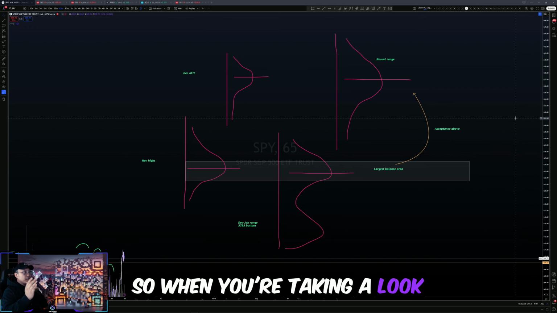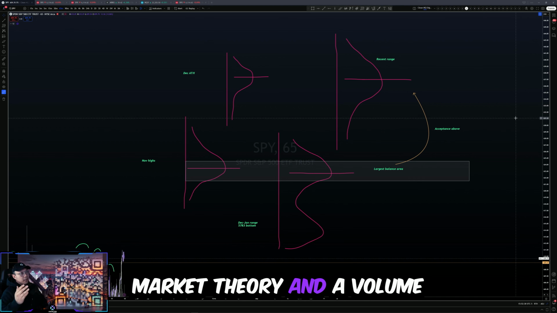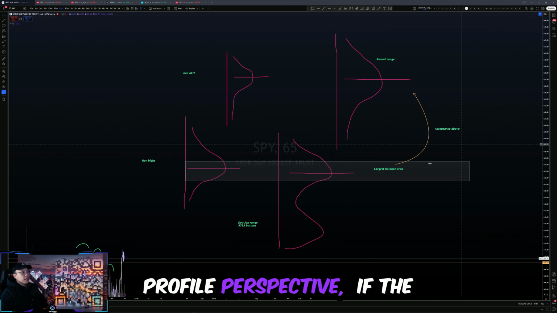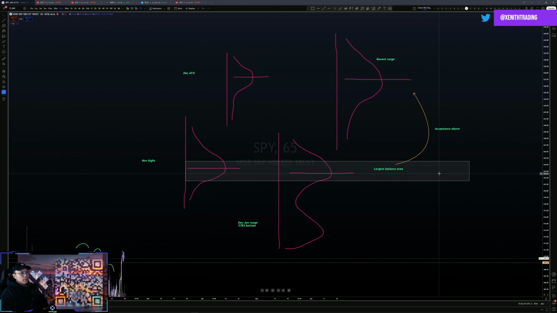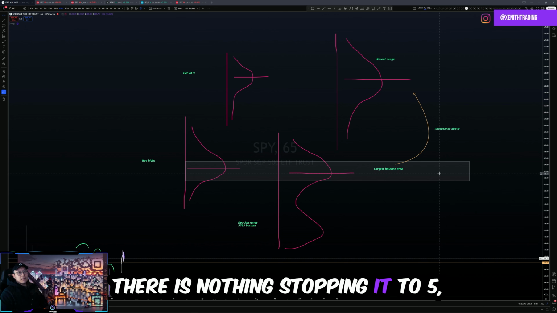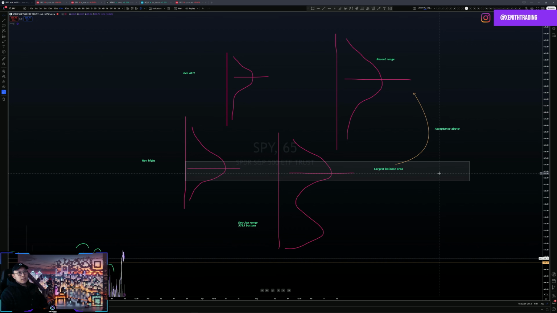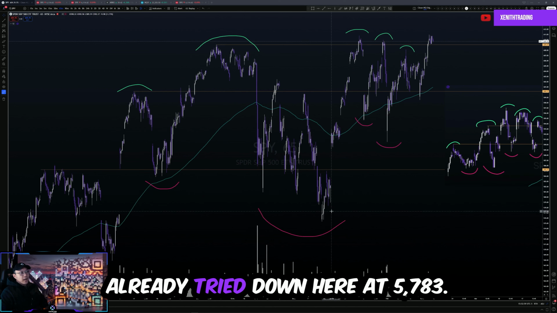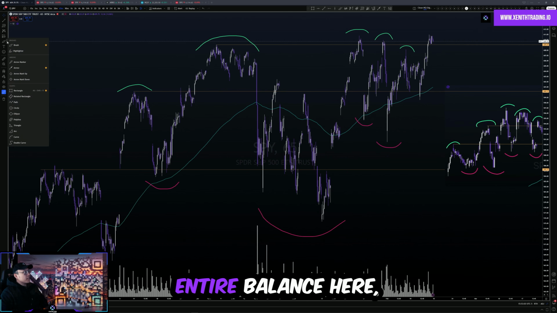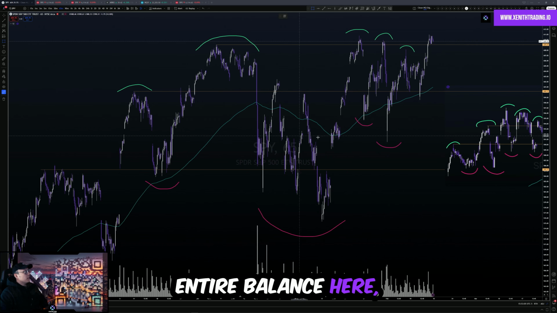So when you're taking a look at this from an auction market theory and a volume profile perspective, if the 5950, 5966 area was to break, there is nothing stopping it to 5600. There's no way they would do it this early, especially when they've already tried down here at 5783, and we have this entire balance here.